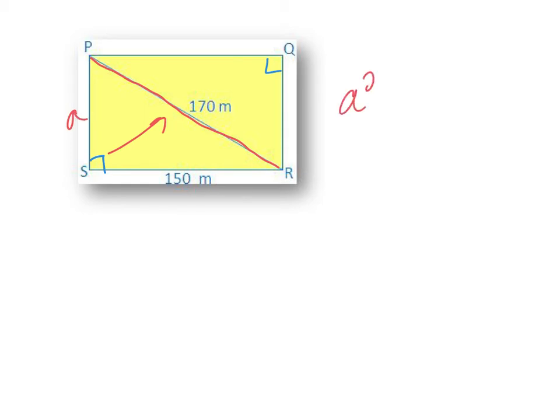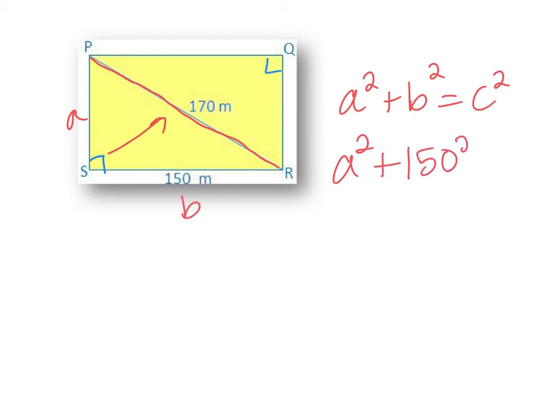So we're going to plug in all the information we know. We're missing A, so we leave that as A squared, and then B would be this 150 meters, and that's going to equal 170 meters squared. Now I'm just going to simplify. 150 times 150 equals, ooh, this one's getting big, 22,500.